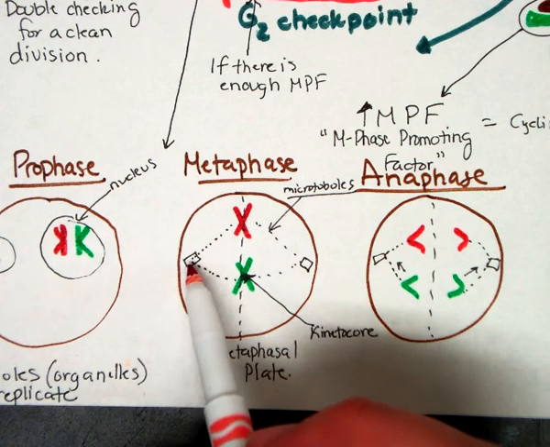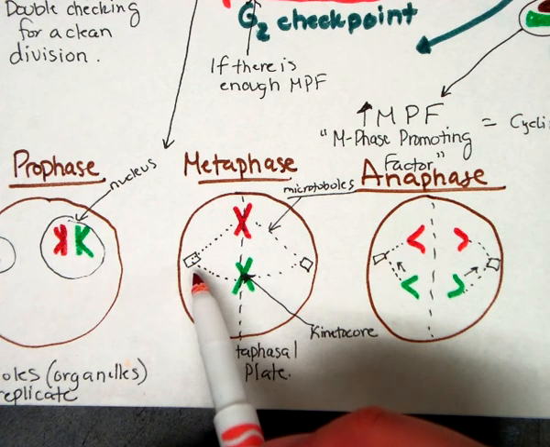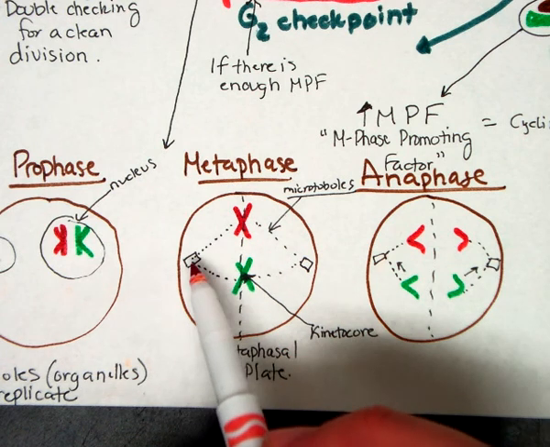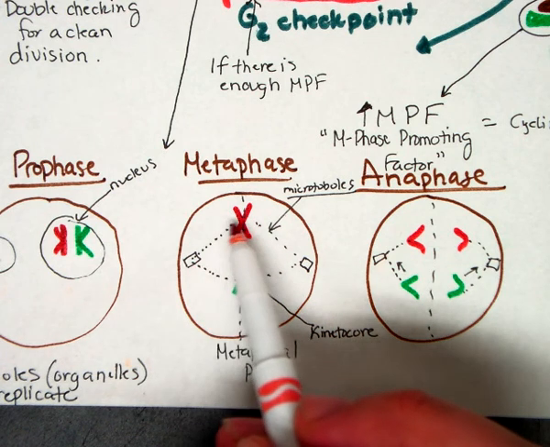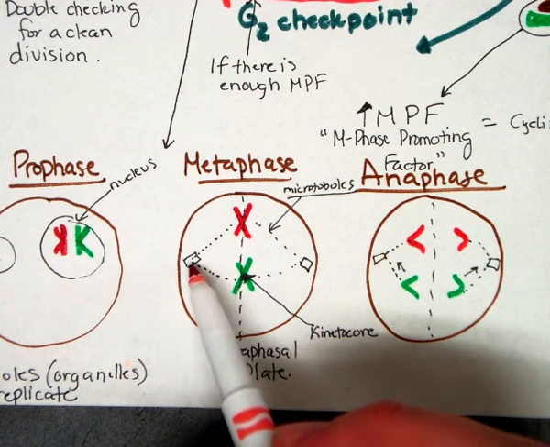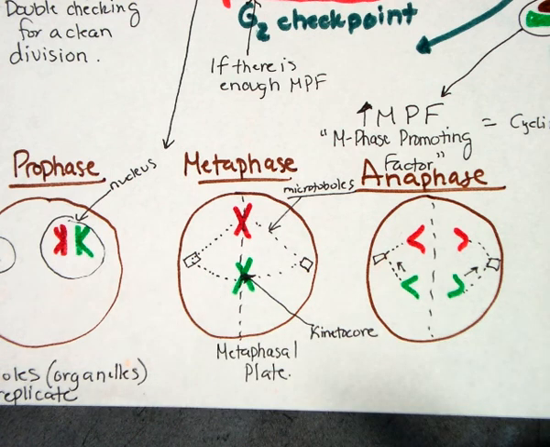The centrioles, if you've noticed, they've migrated to each pole of the cell, and these dotted lines were meant to represent microtubules being synthesized by the centrioles.